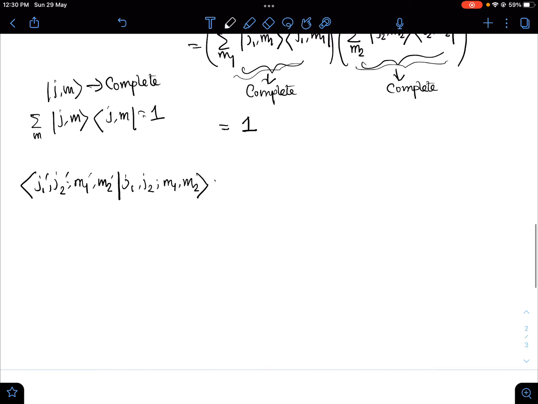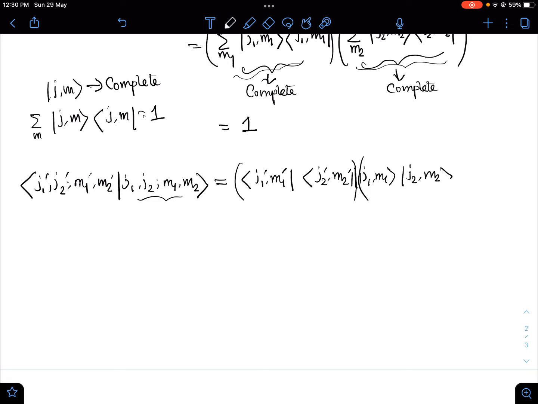We can write <J1', M1'| <J2', M2'|, and this term as |J1, M1> |J2, M2>.